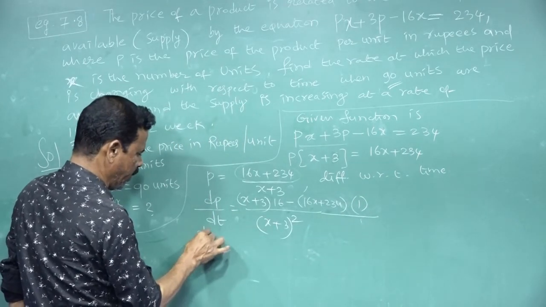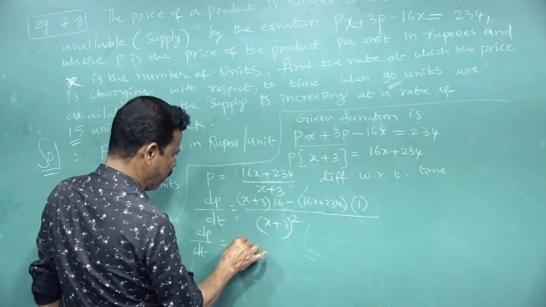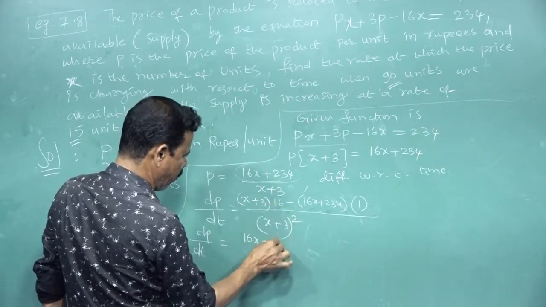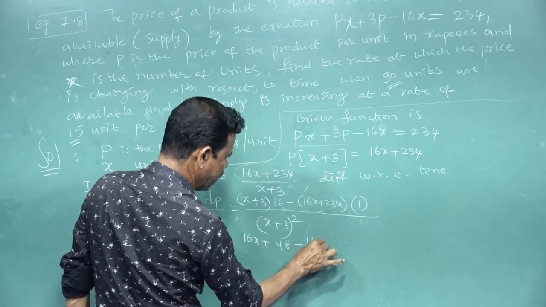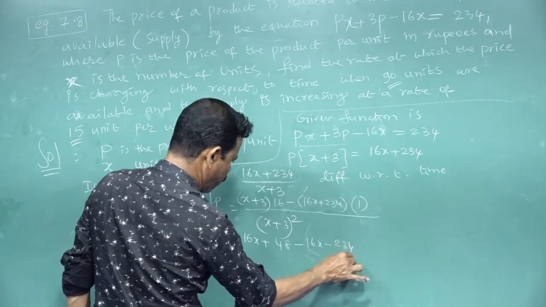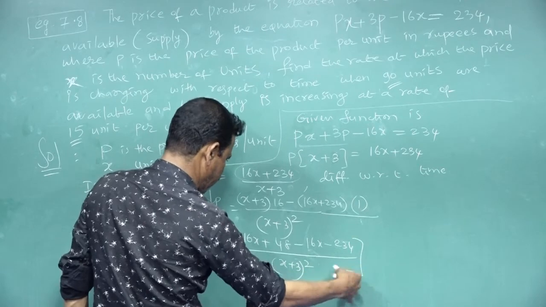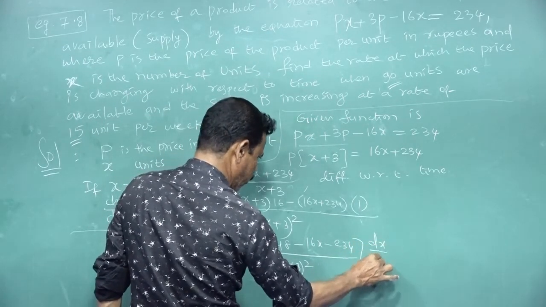After this, dp by dt is equal to (x plus 3) times 16, that means 16x plus 16 into 3, 48, minus 16x minus 234, by (x plus 3) whole square. Since it is with respect to t, dx by dt also will come.